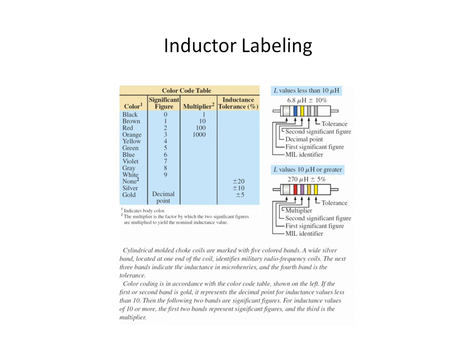So make sure that you know what type of component it is. Is it a resistor, or could it possibly be an inductor? And if it's an inductor, then this particular color code table would be applicable to determine what the inductance is.